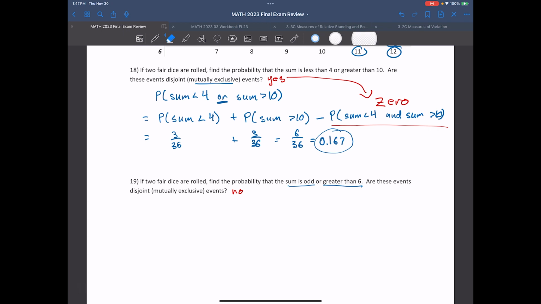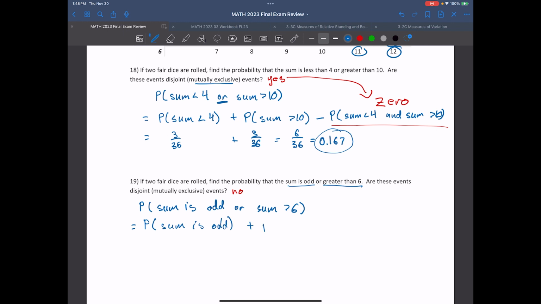So if we were to look at the scenario here, is the probability that the sum is odd or the sum is greater than 6, well, let's see what we can do. We need to find the probability that the sum is odd, add to that the probability that the sum is greater than 6, and then subtract essentially the scenario of the odd and greater than 6.